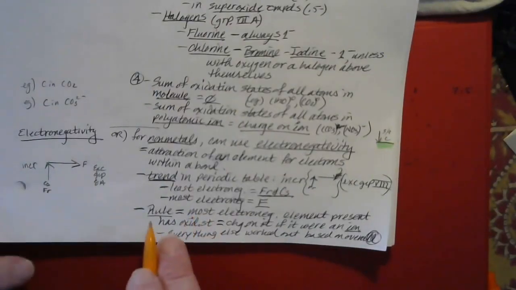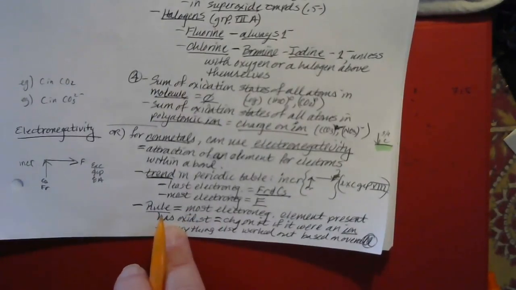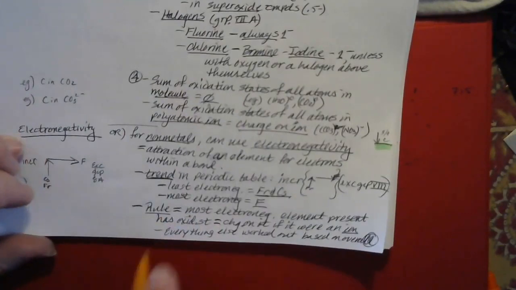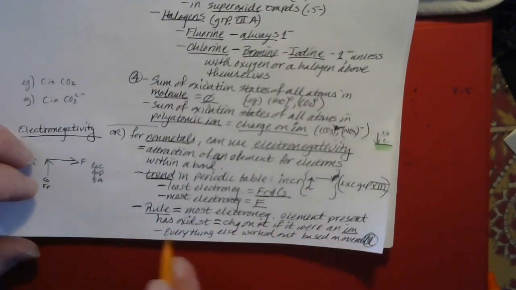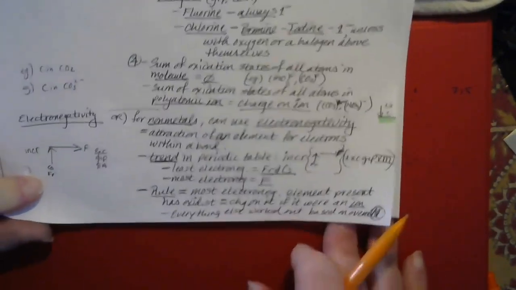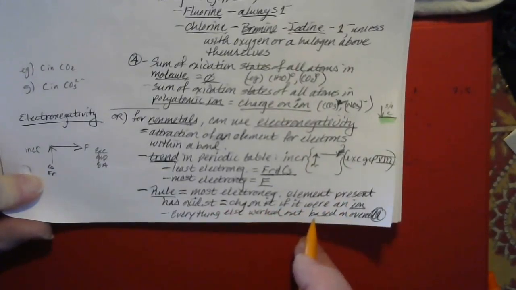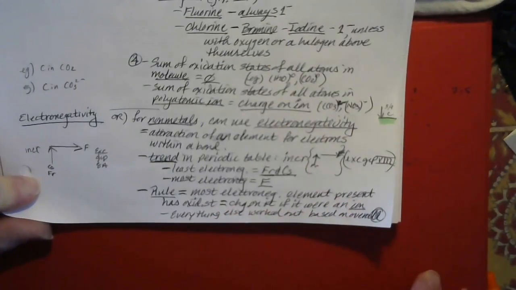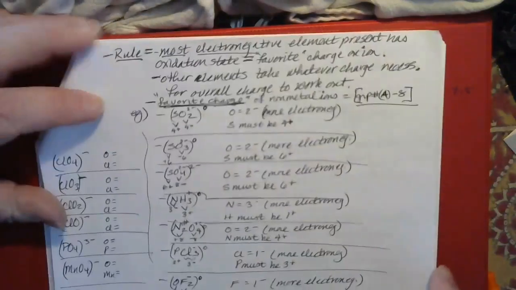And the rule for assigning oxidation states in covalently bonded compounds, that is compounds that involve nothing but nonmetals, is actually pretty simple. The most electronegative element has the oxidation state that it would normally have if it were an ion. And everything else just takes whatever charge it has to in order to make the overall charge work out. And I've got it written again on the next page because I kind of ran out of space there.